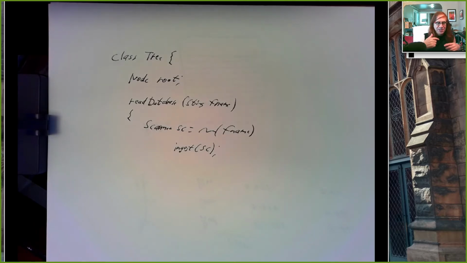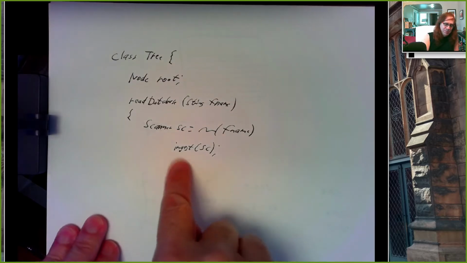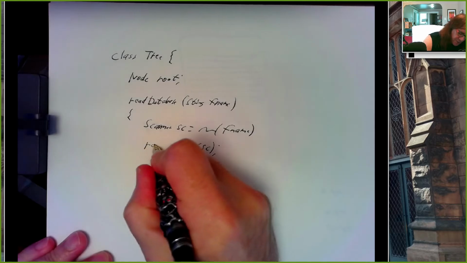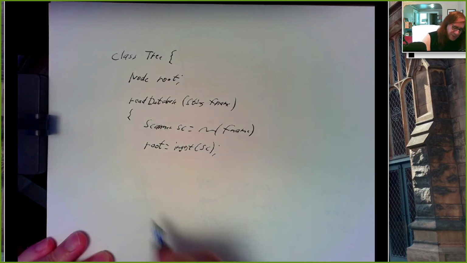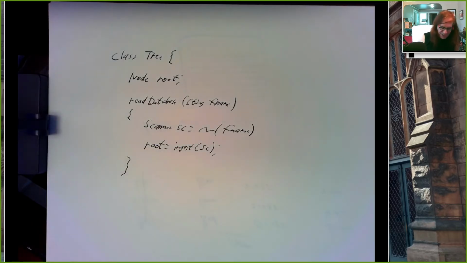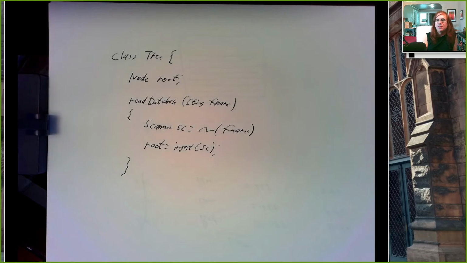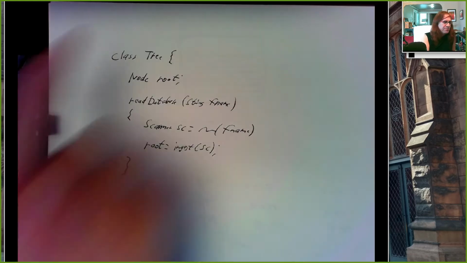But if you believe that ingest will do the proper thing, then in our read database function we can just say root equals ingest. That's your whole method for reading a database file. Open up the scanner, call ingest, whatever it returns, set root equal to that.